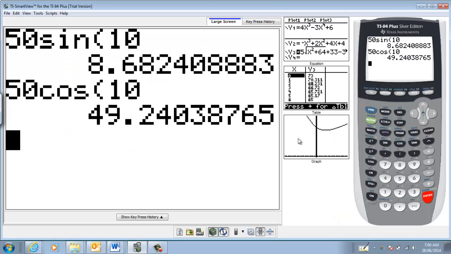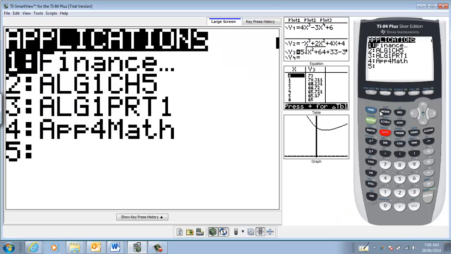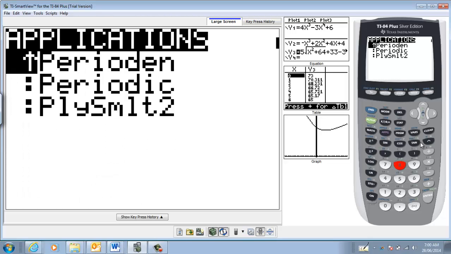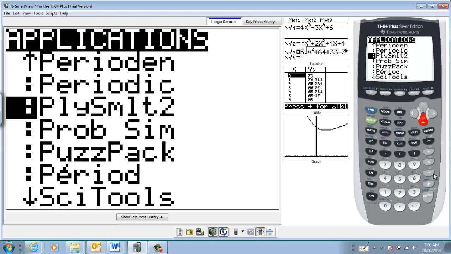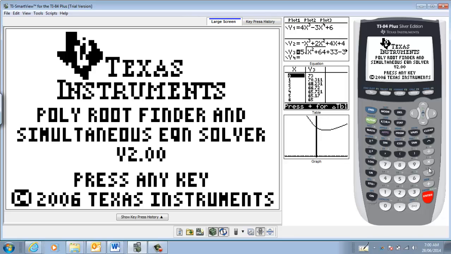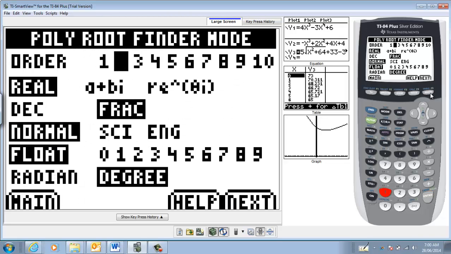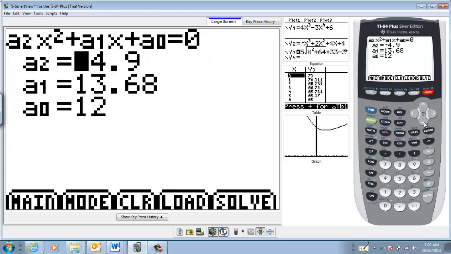Okay, so we go to our calculator, we go to our polysim. Come down to the polysim, enter. Number 1, so that's a quadratic. Now, a is still the same.